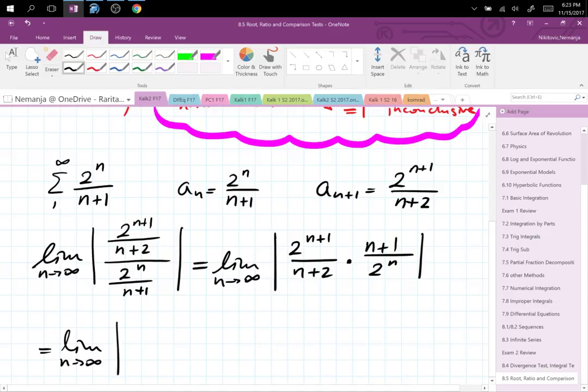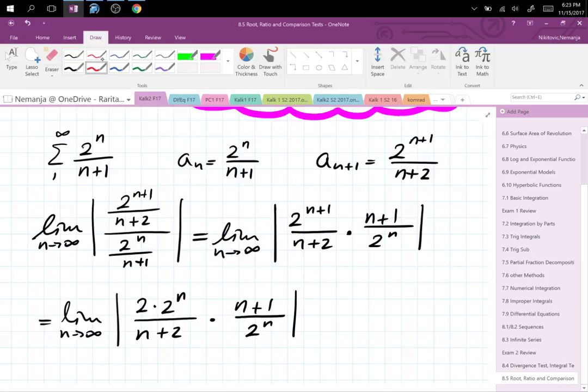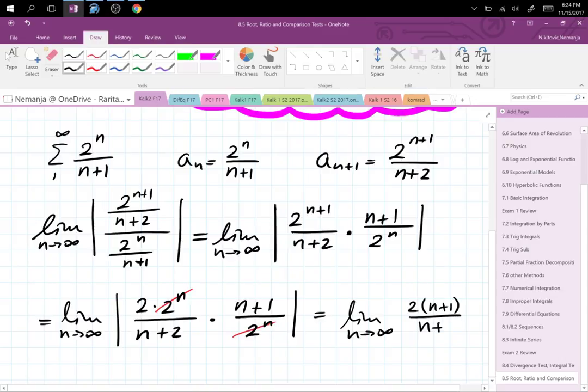Now, we're going to use the trick over here to separate this plus 1, so that's going to be 2 times 2 to the n over n plus 2 times n plus 1 over 2 to the n. 2 to the n will cancel, and we are going to have the limit n goes to infinity of 2 times n plus 1 over n plus 2, in absolute values.